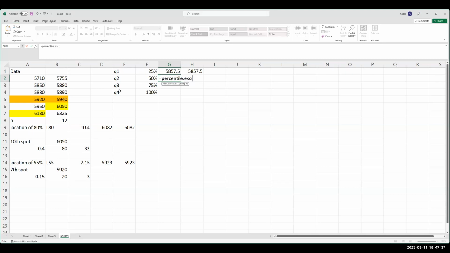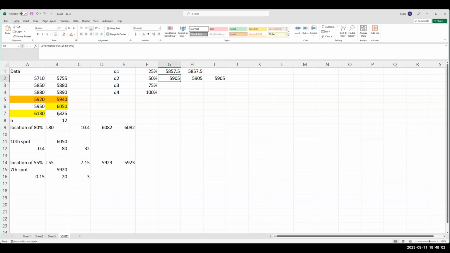For the 50th percentile: percentile.exc, put in the data, comma, 50%. You get the number. Or you could do quartile.exc, put in the data, 2. Or you could do median, put in the data, close parentheses.